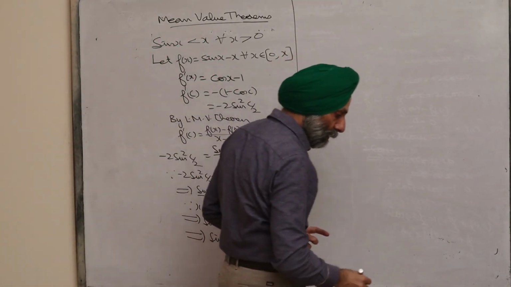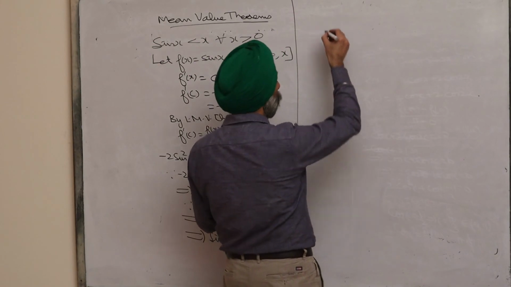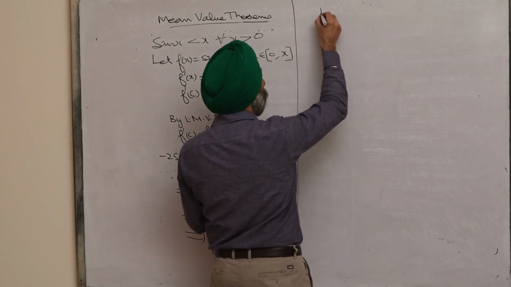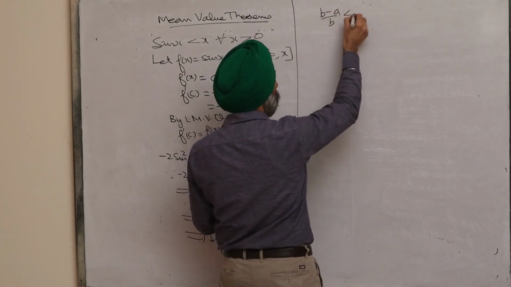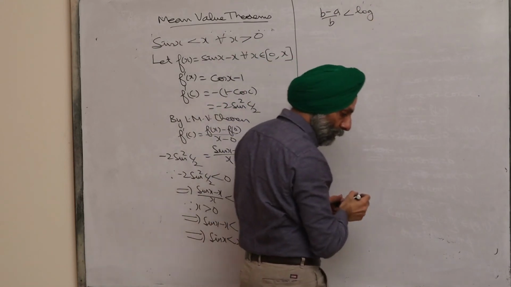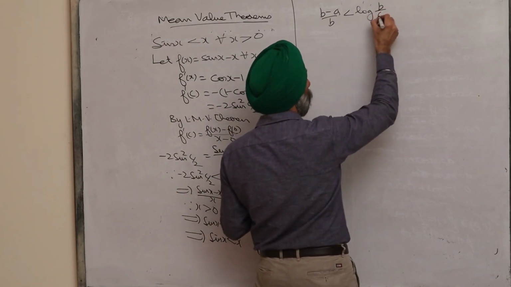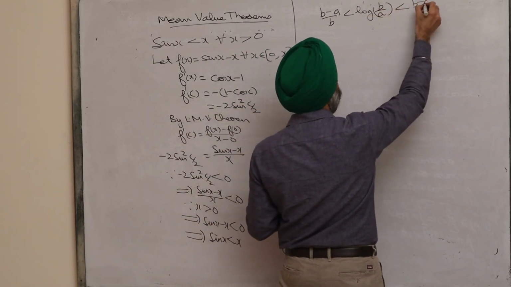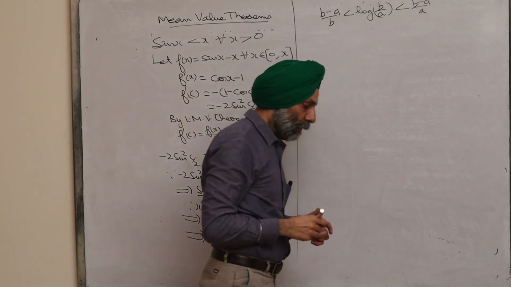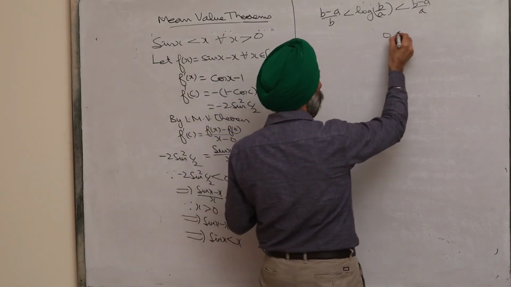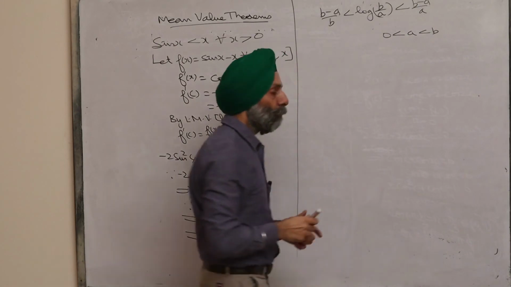So this way you can prove this inequality using the Lagrange's mean value theorem. Similarly, the next one is using Lagrange's mean value theorem, we have to prove that b minus a over b is less than log of b over a is less than b minus a by a, where 0 is less than a is less than b here.